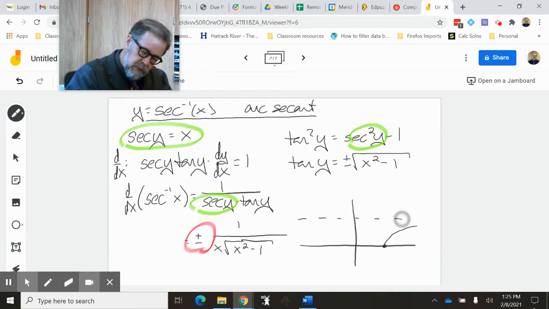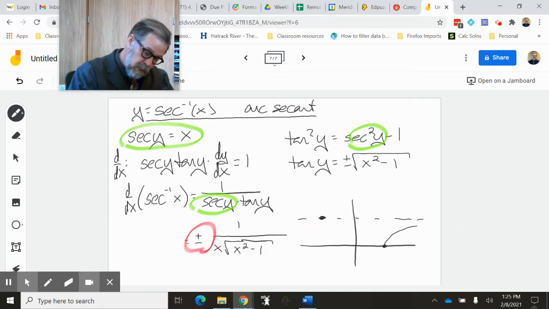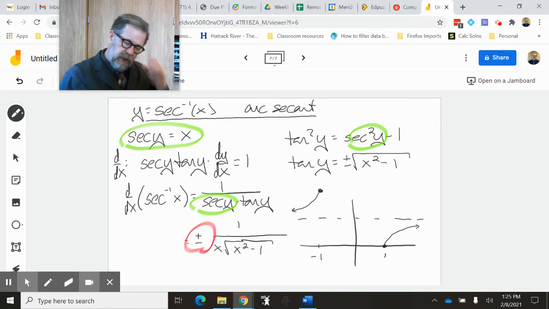looks something like this. Oops, excuse me, not like this, like this. And this is -1, and this is +1.